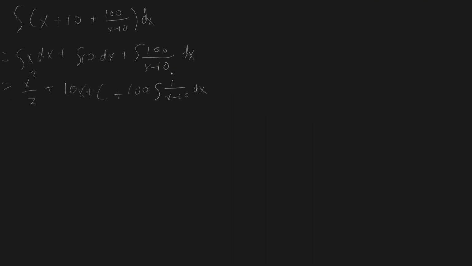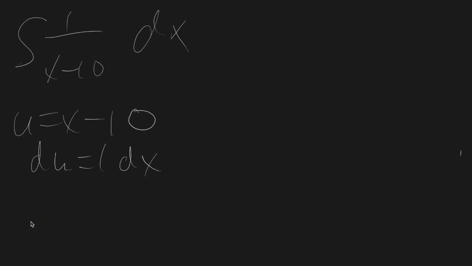To integrate 1 over x minus 10, let's do this on the side. Let's do u substitution. Let's say u equal to x minus 10, meaning du is equal to 1 dx. Now we can substitute in u and du. So this becomes the integral of 1 over u du.